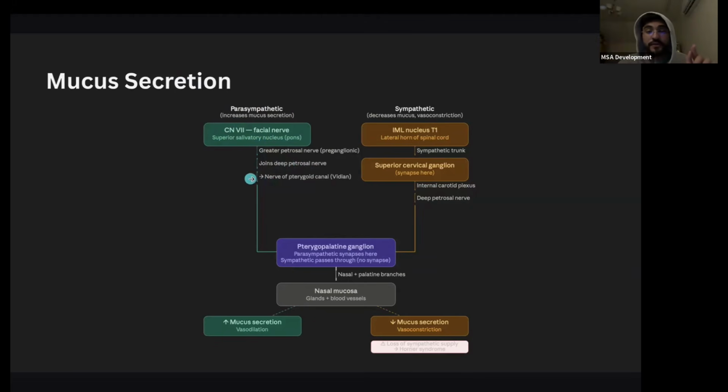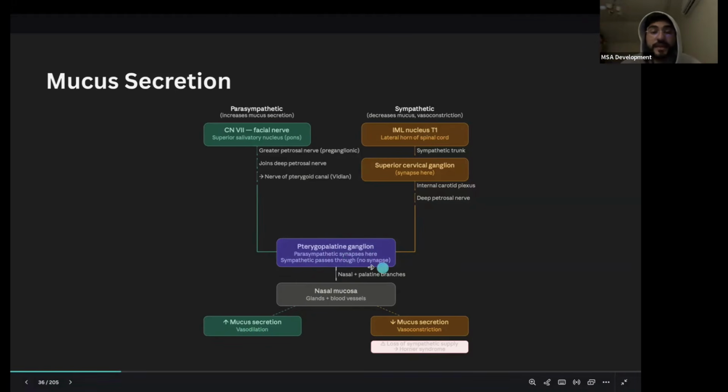This Vidian nerve is going to go all the way to your pterygopalatine ganglion, which is located in the pterygopalatine fossa, where they're going to synapse, and then they're going to go to the nasal mucosa and increase mucus secretion by vasodilation.